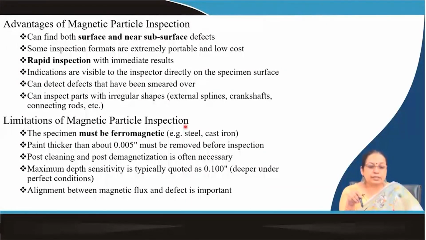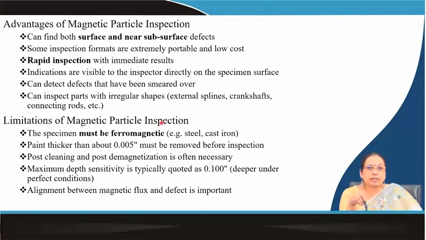The advantages are that it can be applied for surface and subsurface defects, but the depth of penetration is not so high; it can be of the order of several millimeters only. Some inspection formats are extremely portable and low cost. This is a rapid inspection with immediate results, and indications are visible to the inspector directly. It can detect defects that have been smeared over and inspect parts with regular shapes, but can be applied only for ferromagnetic material.